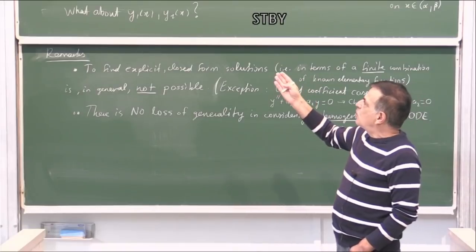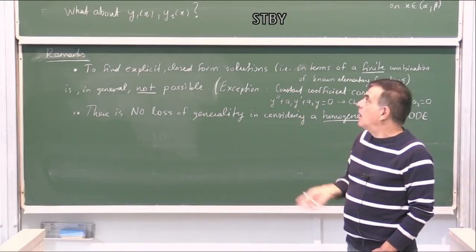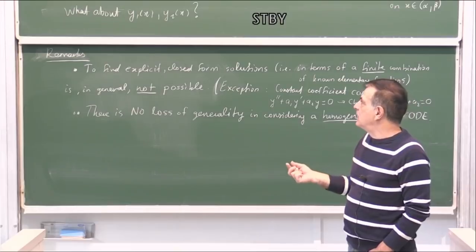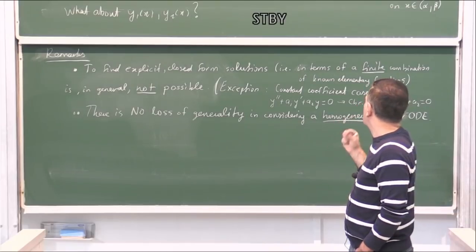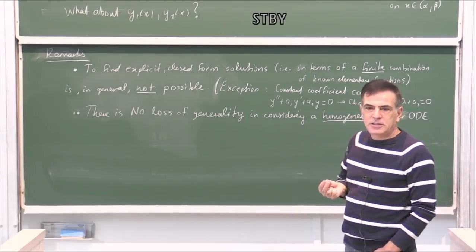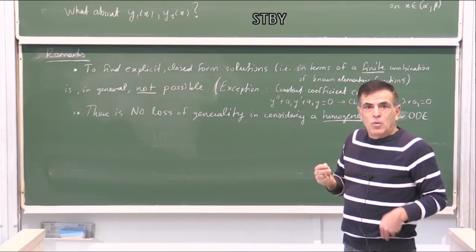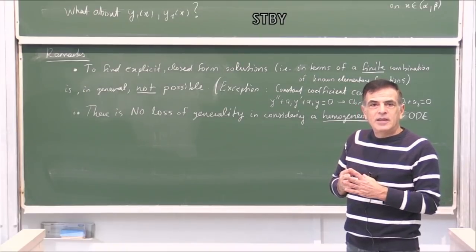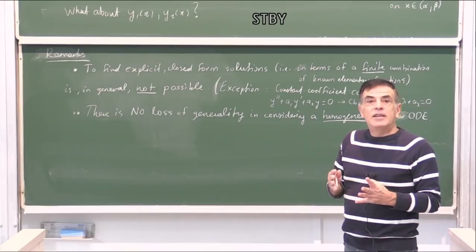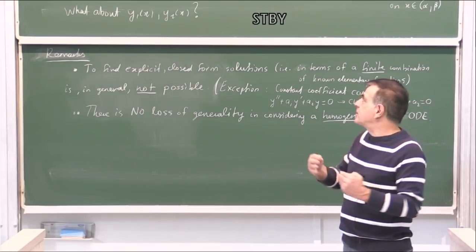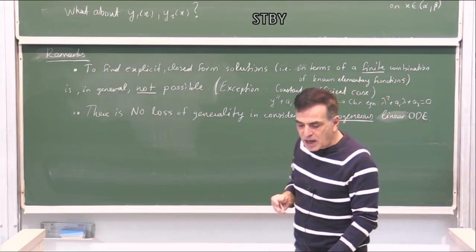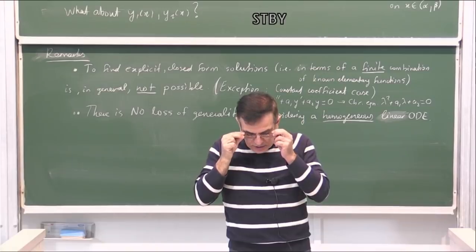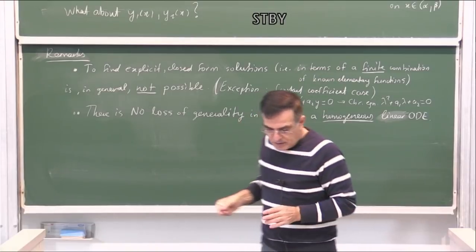Okay, so what is the idea? Look, since y1 and y2 are not expressible as explicit closed form solutions in terms of a finite combination of elementary functions, okay? We try to find the power series or Taylor series representation of the two solutions. That is the idea behind power series solutions.